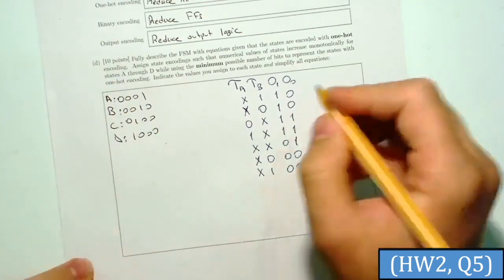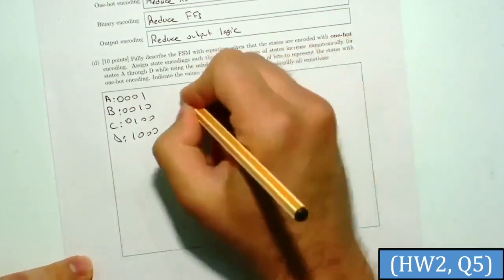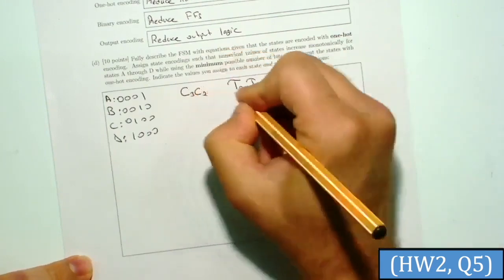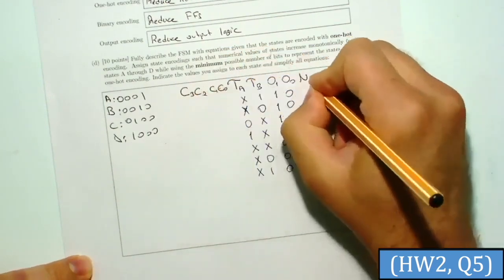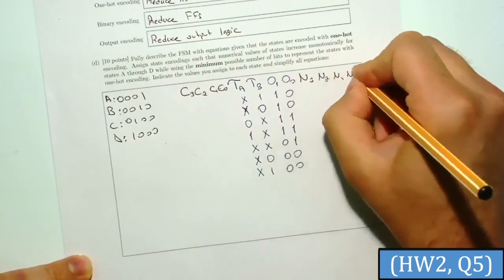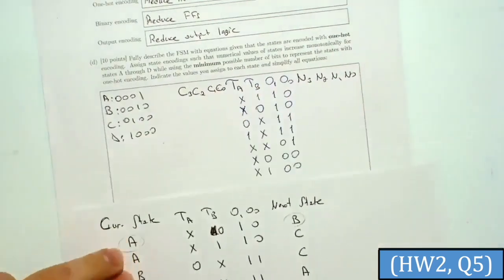I'm going to put that into the table. I'll represent the current state as C3, C2, C1, C0, and the next state as N3, N2, N1, N0.